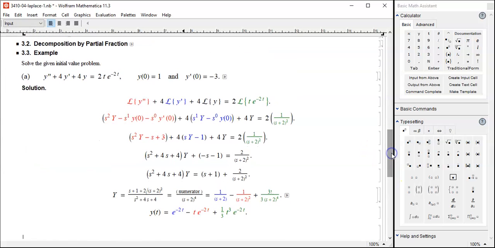And here's a full solution. Let's recap. Laplace transform of each term, and then Laplace transform formula for second derivative in red, the Laplace transform for the first derivative in blue, and the Laplace transform for this constant, not constant, what do you call this, right-hand side here.